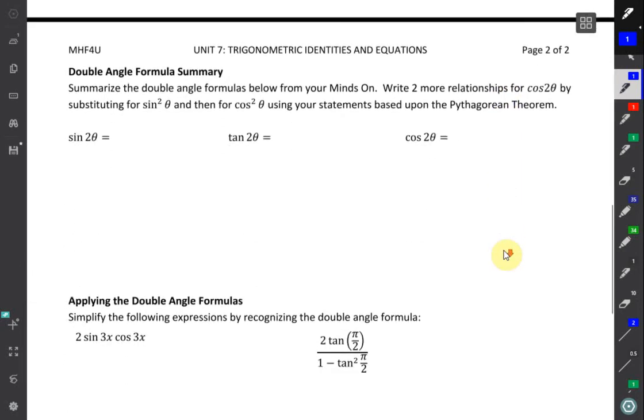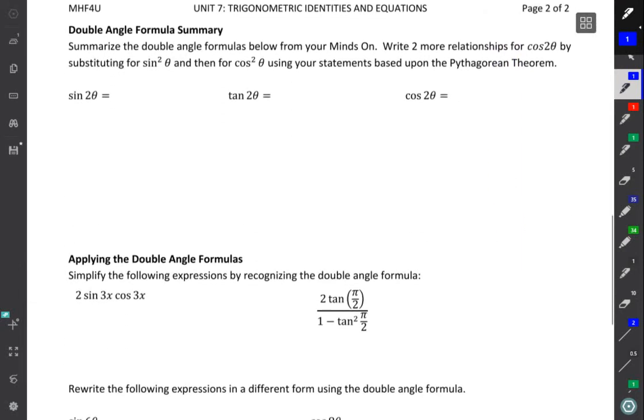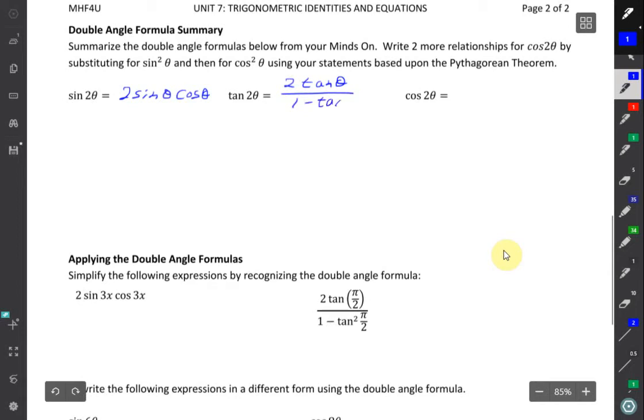To summarize these identities, we have sine 2 theta equals 2 sine theta cos theta. Tan 2 theta equals 2 tan theta all over 1 minus tan theta squared.